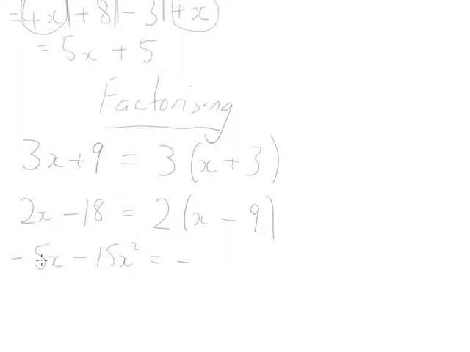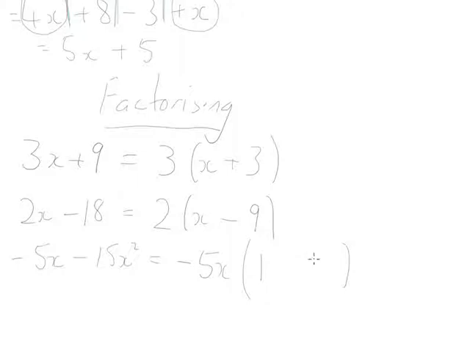5 and 15, I can pull a 5 out the front. They can both be divided by 5. I can also pull an x out the front. They can both be divided by x. So minus 5x by what is going to get me minus 5x? Well, it's just 1. Then minus 5x multiplied by what is going to get me 15x squared?